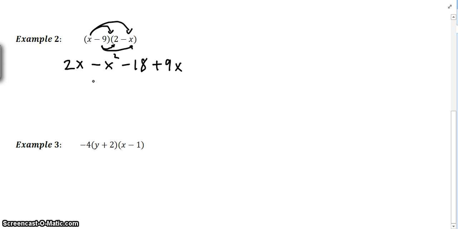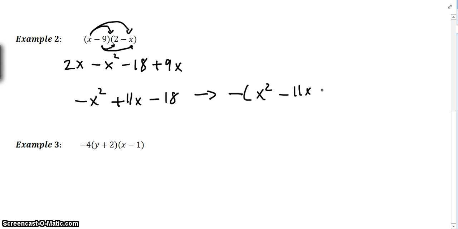And yes, we need to make sure that we're simplifying all the like terms here, so this becomes minus x squared plus 11x minus 18. Sometimes you'd like to write x squared with a positive coefficient, so we could also write this as x squared minus 11x plus 18.